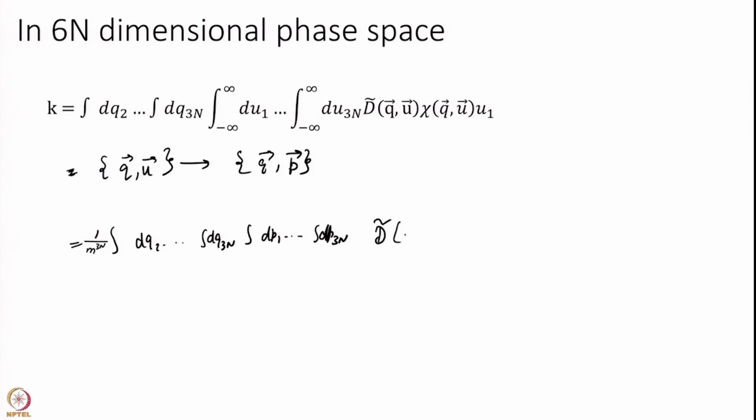This density would depend on Q2 to Q3n, P1 to P3n. I do not know what that symbol even is. We will correct the symbol. Yeah, chi of Q2 to Q3n, P1 to P3n, and U1 is nothing but P1 over M. Okay, so P equal to MU. So, this is my more general formula.